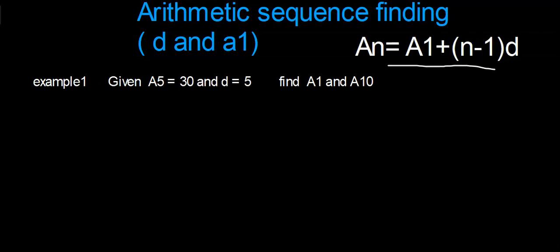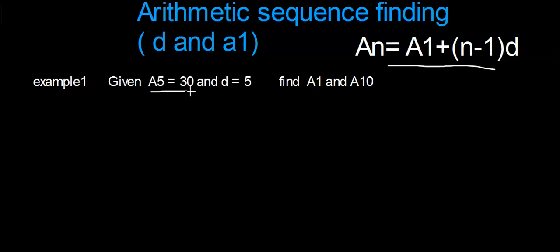So now my example says: given a5 equals 30 and also d equals 5, I'm about to find the value of a1 and also a10. To find the value of a1, I just want to use the statement that they have given us.